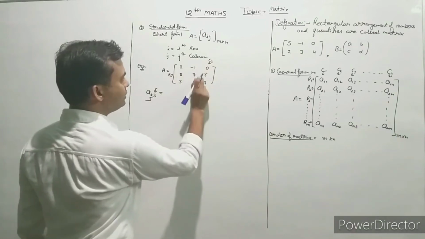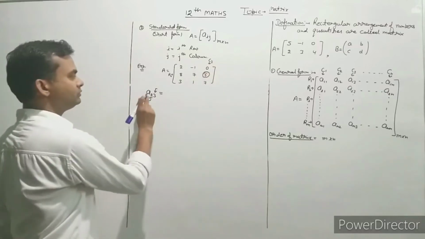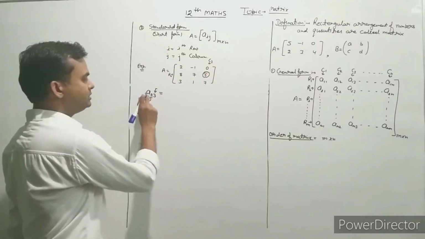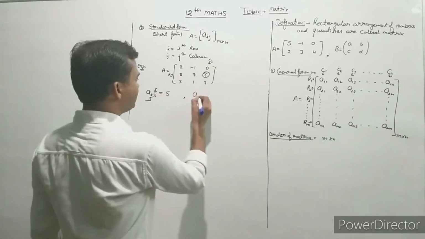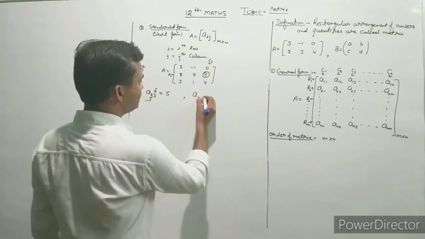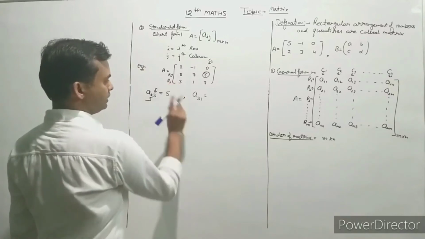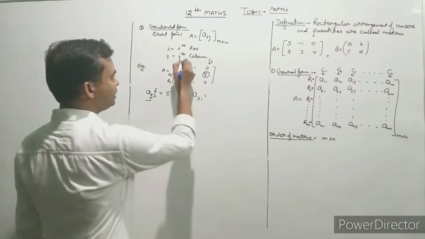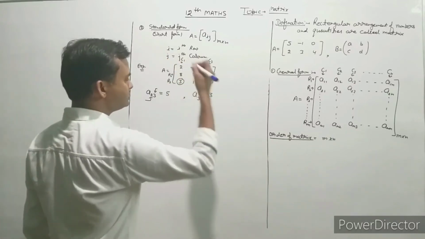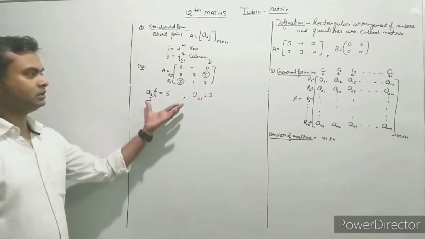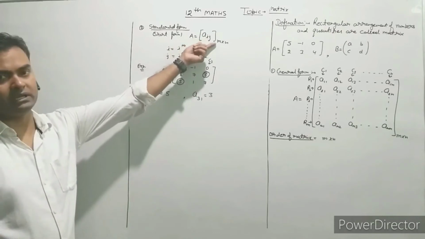It is the element of the second row, third column. It means 8, 7, 5. The answer will be 5. Similarly, if the question is, find the element A31. A31 means third row and first column. It means the answer is 3. So we can find all these elements with the help of Aij.